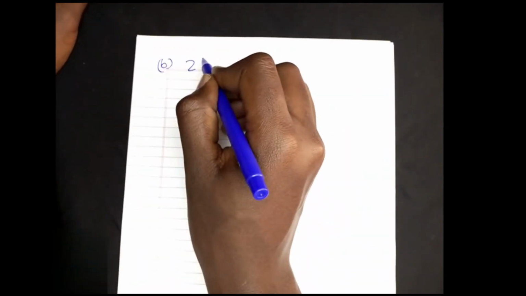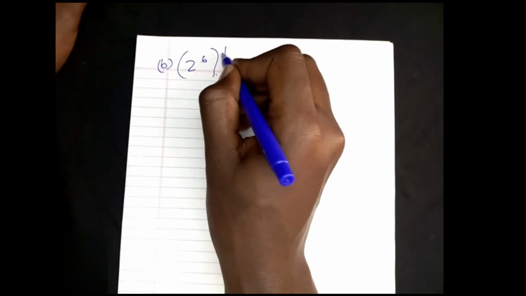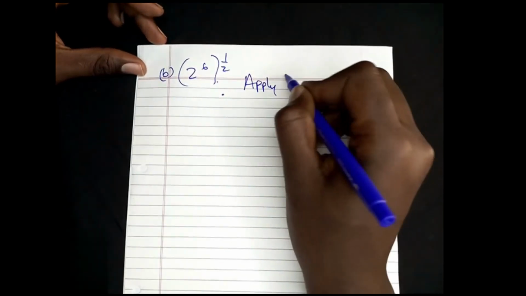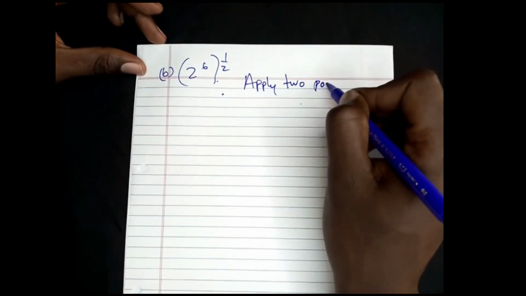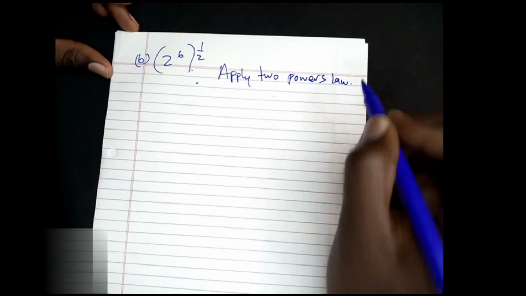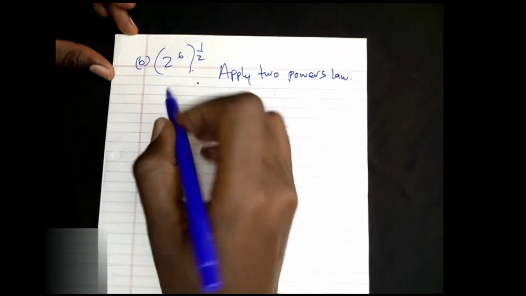Let us look at our second example. 2 power 6, all of it to power a half. How do you go about it? You will have to apply the power of a power law, and therefore you will open it up.